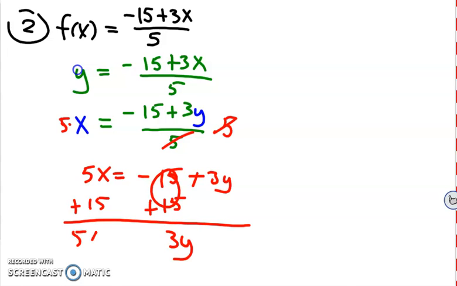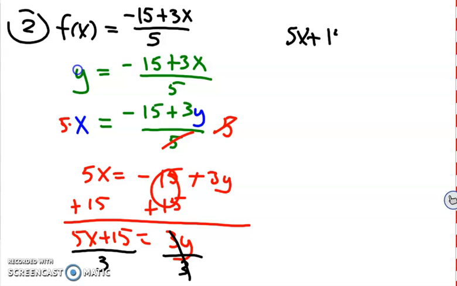So it would be 5x plus 15 equals 3y. And the last step is to divide both sides by 3 to undo the division problem. So the final answer would be 5x plus 15 over 3 is equal to y.